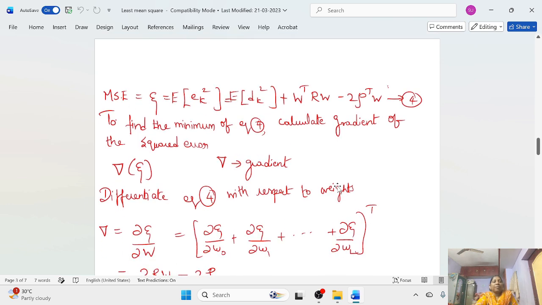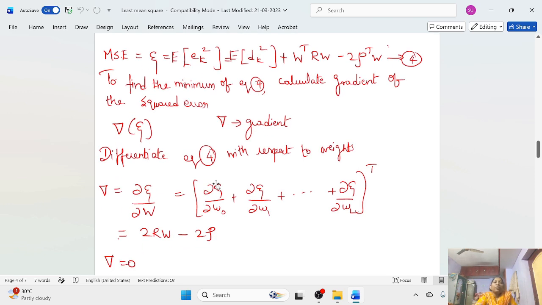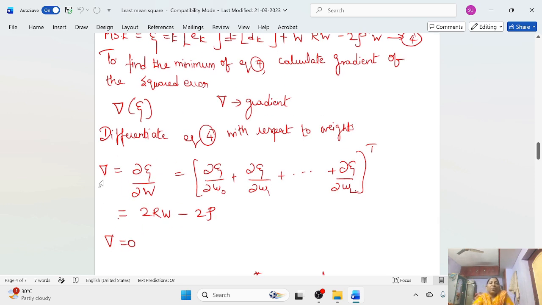The next step is we need to find the minimum of equation number 4. For that we need to calculate the gradient of the squared error. The gradient is nothing but the differentiation with respect to the mean squared error. So we have to differentiate equation 4 with respect to the weights, partially. That's why gradient equals dou xi by dou w.